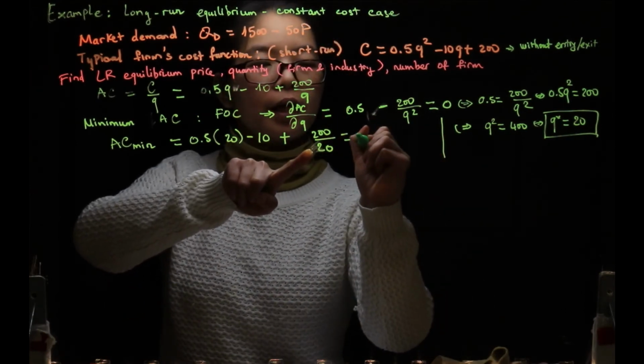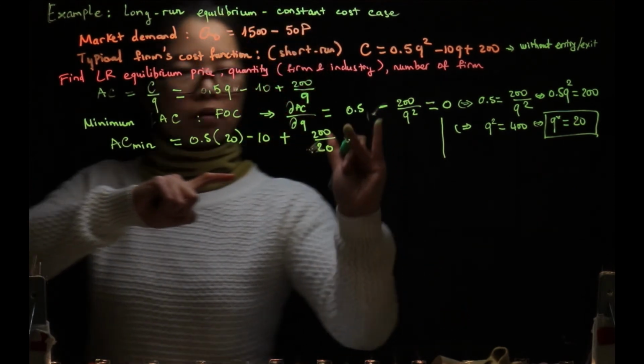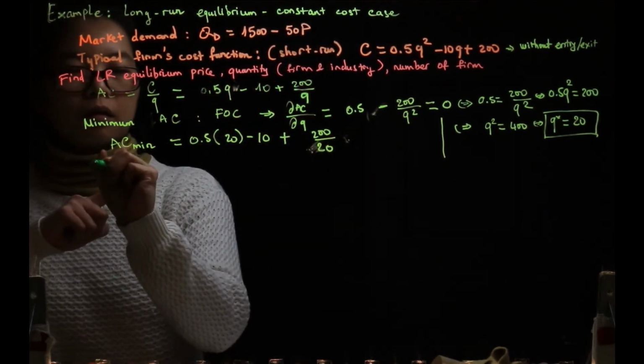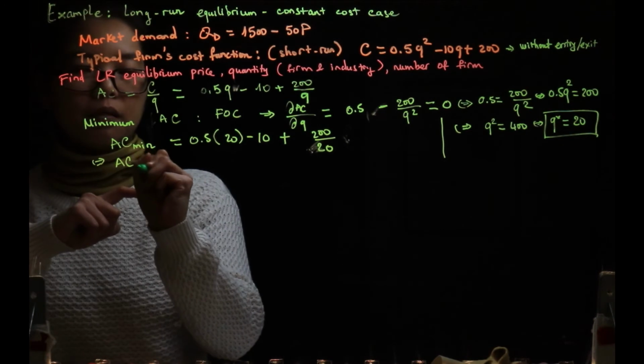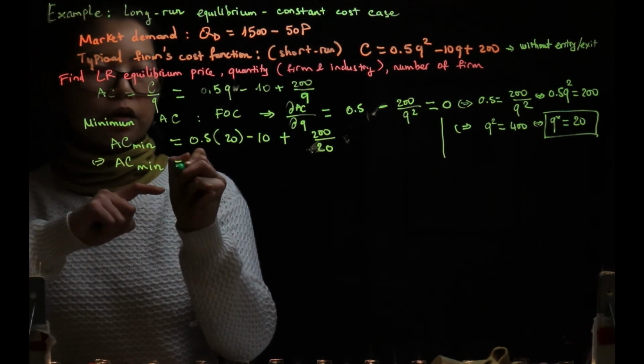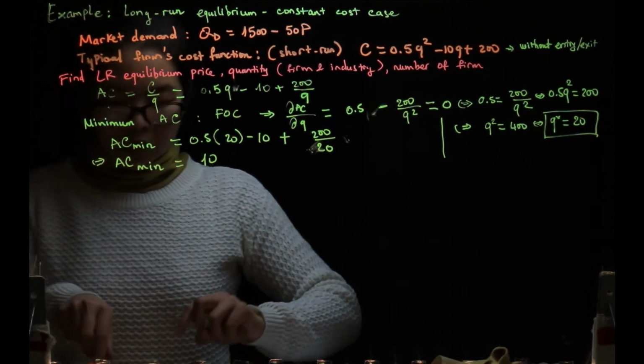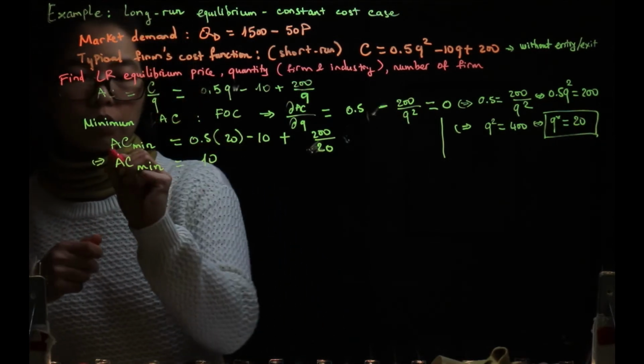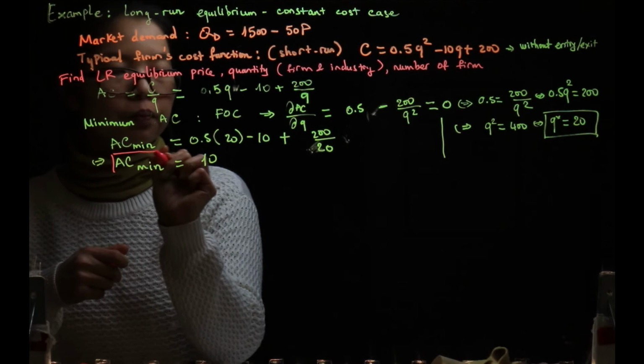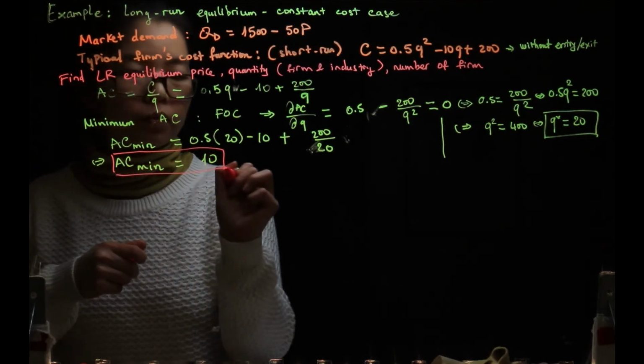So at the end, AC min equals 10. I should frame it so that we don't mess it up somewhere.